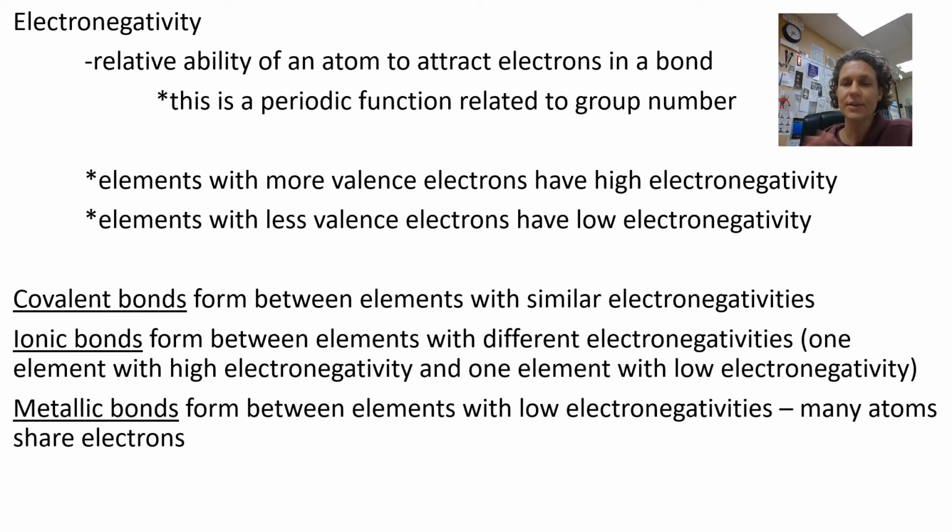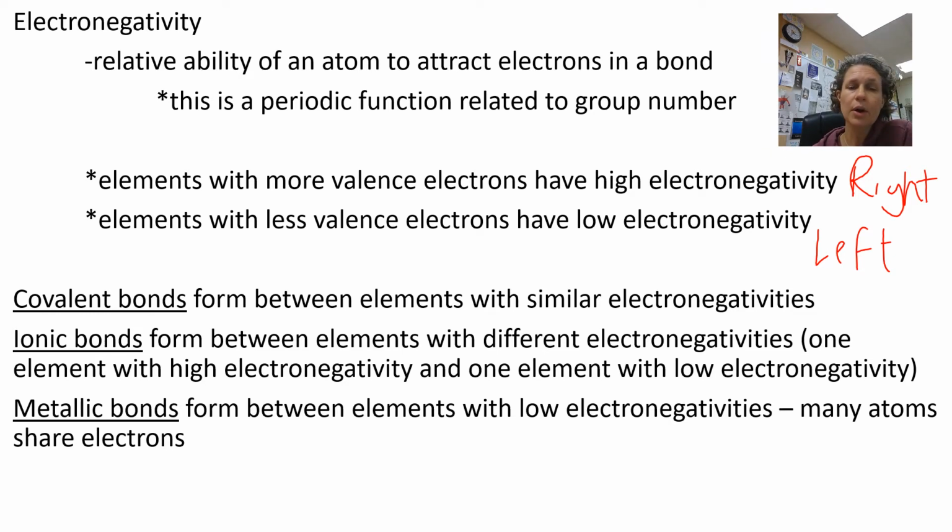It's kind of the division. I'm going to put the right side over here, so hopefully you'll remember that we're talking about the periodic table. And then the elements on the left side have a lower electronegativity. That is something we will put on our periodic tables, we'll label both sides. Okay, so now the bond types.